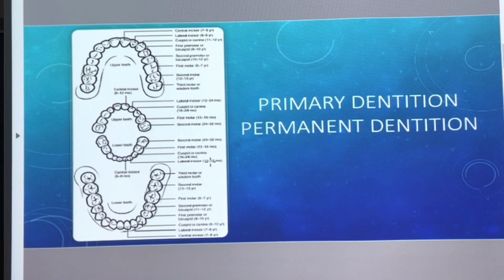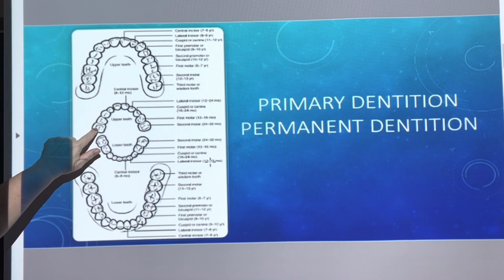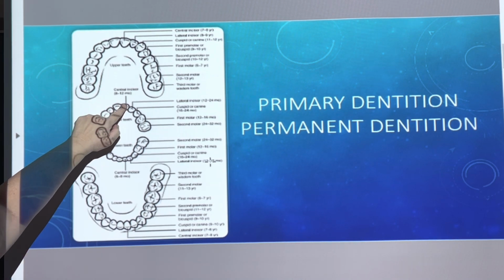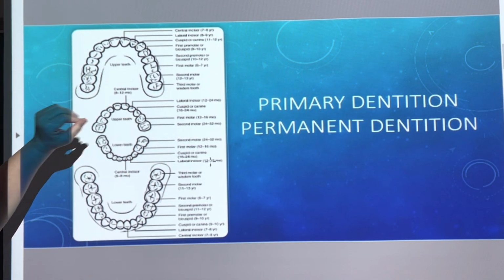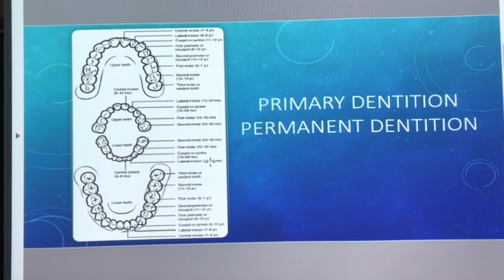We're going to talk a little bit about primary dentition and permanent dentition. So the primary, we have a total of 20 teeth, 10 on the upper, 10 on the lower. And so here we have in the center the primary teeth, okay? 5 in this quadrant, 5 in the other quadrant, 10 total in that upper arch.